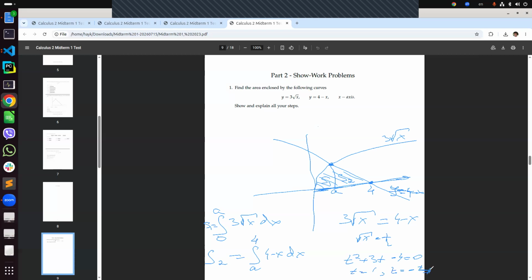Sorry, minus 4, not minus 3. So x equals 1. X equals 1 is the intersection point.